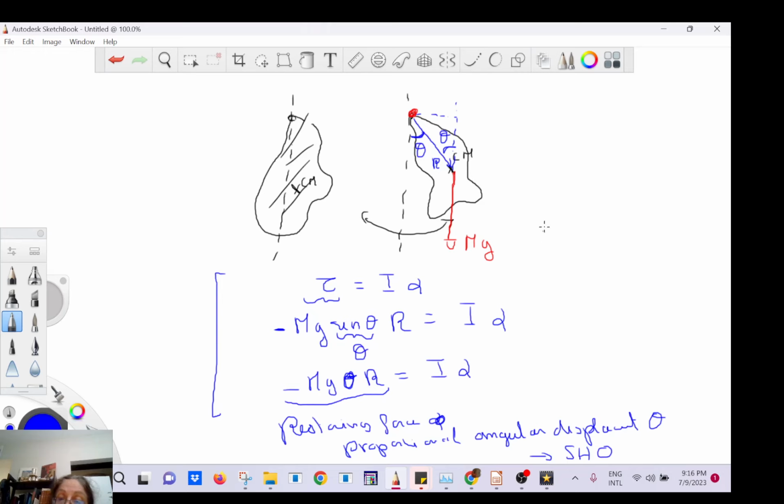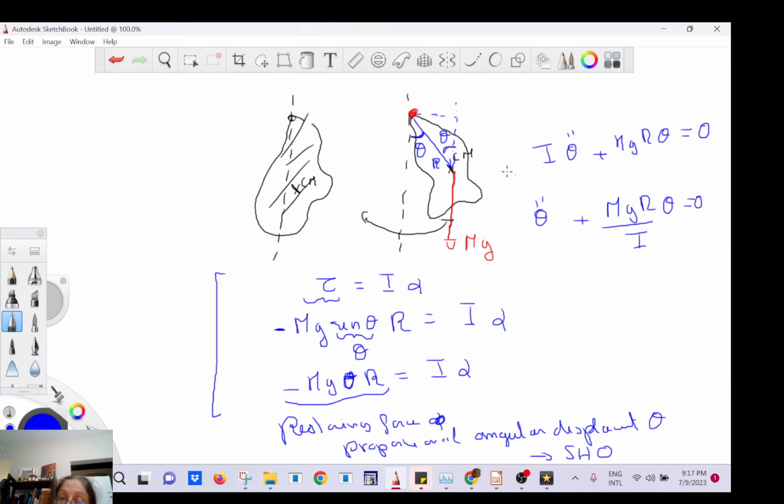I can write that equation as I alpha, that's my acceleration, except it's an angular acceleration, plus mg r theta equals 0. So I divide both sides, and I have alpha plus mg r over the moment of inertia times theta equals 0.